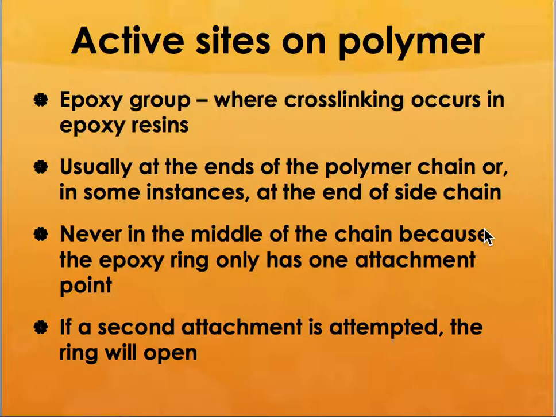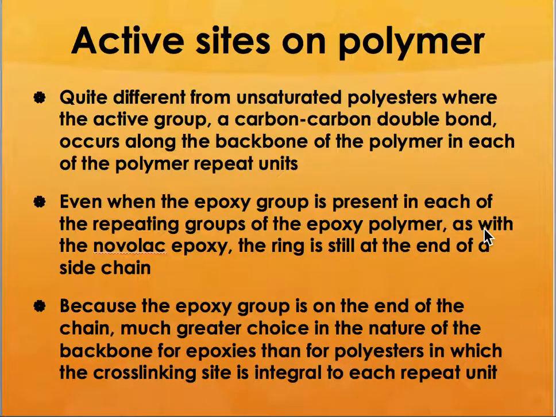If the second attachment is attempted, then that ring will open and it will destroy the properties of the epoxy. This is what typically happens when you have oxidization reactions or when you have reaction with moisture and things like that. So it cleaves the bond, the epoxy bond, and reduces the properties of the matrix itself.